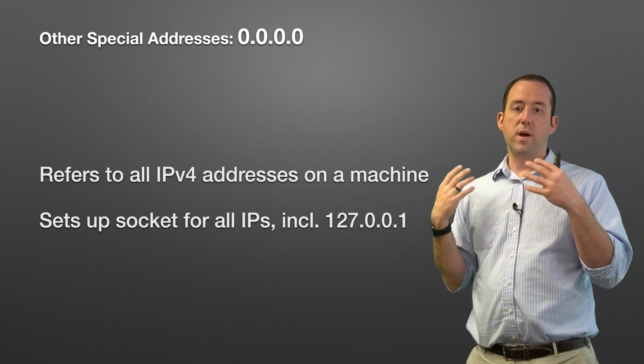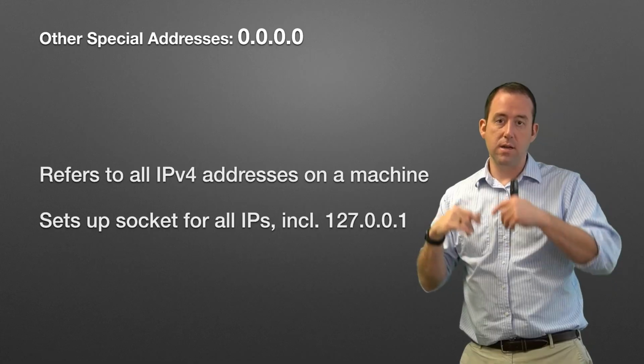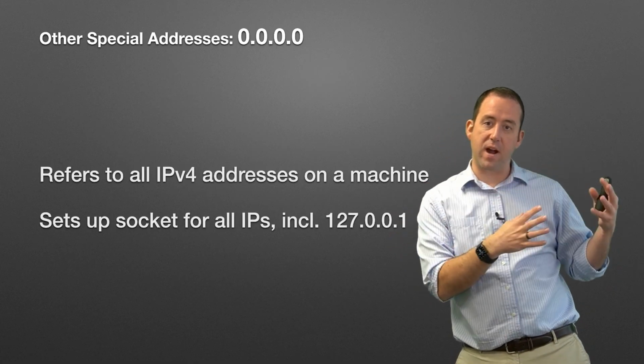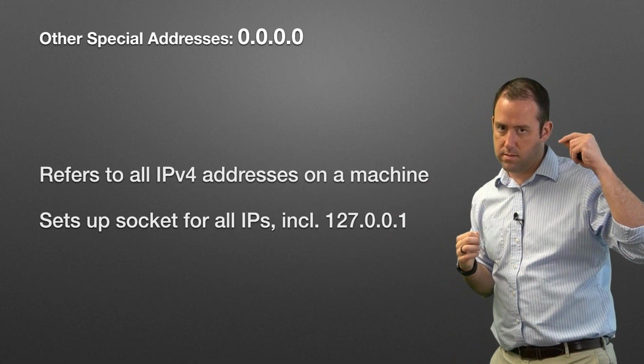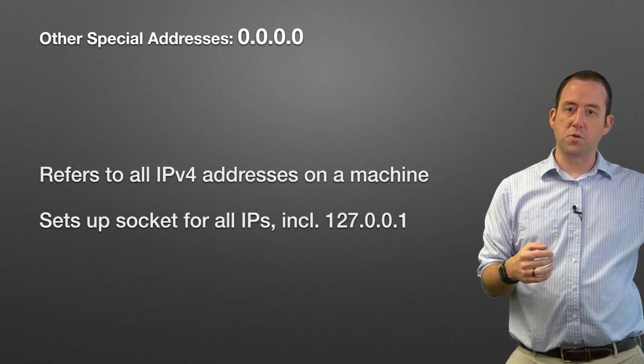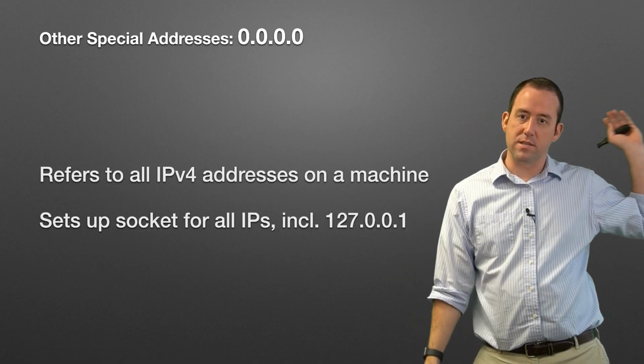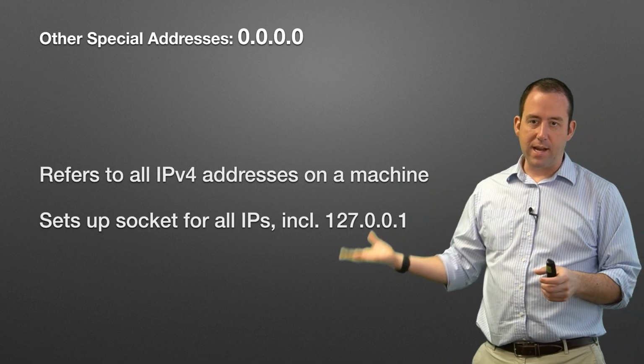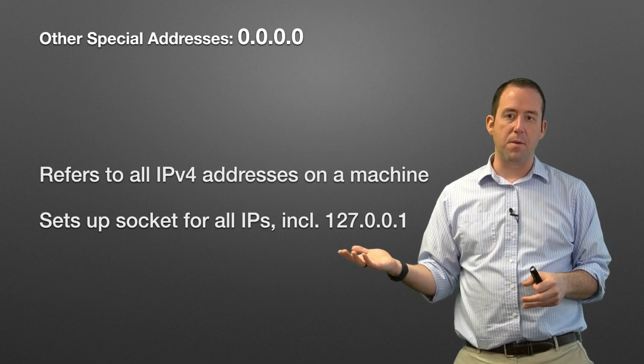You'll see it when you're setting up a network connection. You'll see it when you're setting up a firewall. In AWS, for example, you will say 0.0.0.0, which refers to all IPv4 addresses that might come in. And again, this sets up a socket for all IP addresses.